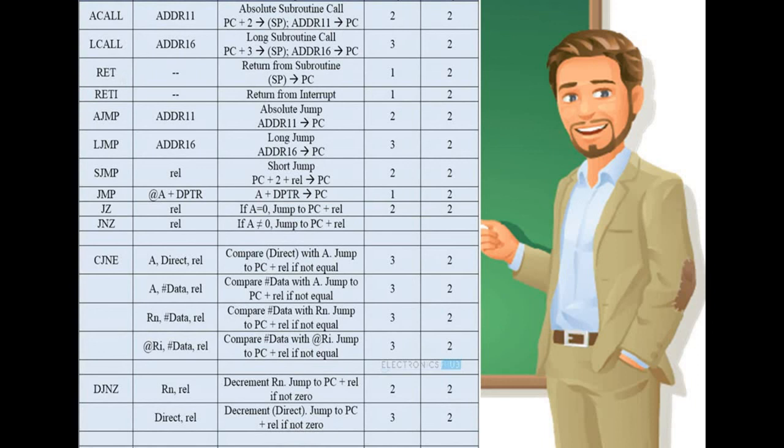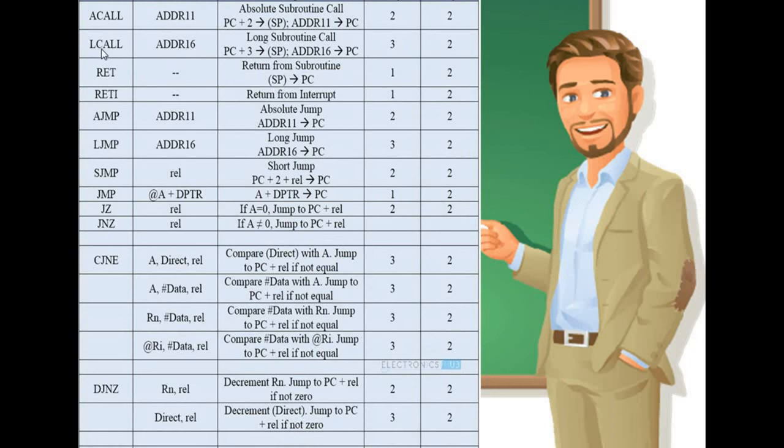A subroutine is a program which can be used anywhere. In order to reduce the complexity of the program, we write subroutine programs, and whenever we need that program, we call that subroutine.